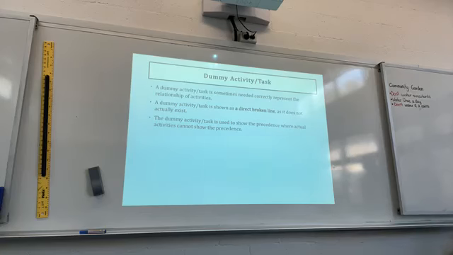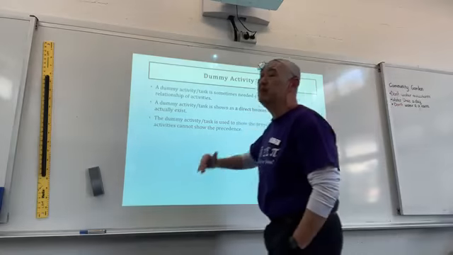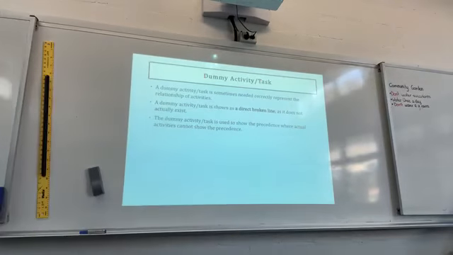It's important to show it as a broken line, as it does not actually exist. So make sure that if you see a network with a broken line, that activity or task is a dummy activity. I will explain why it is needed. It is used to show the precedence where actual activities cannot show the precedence.